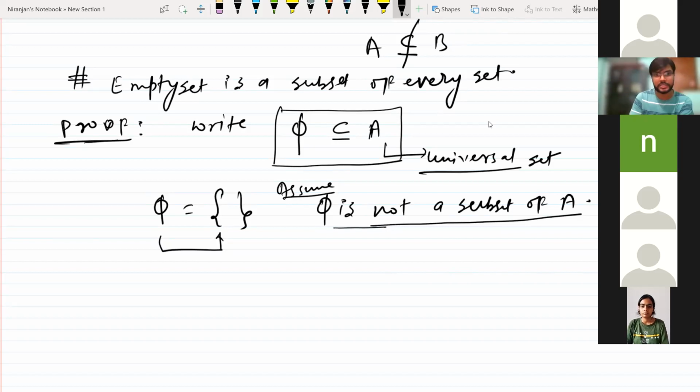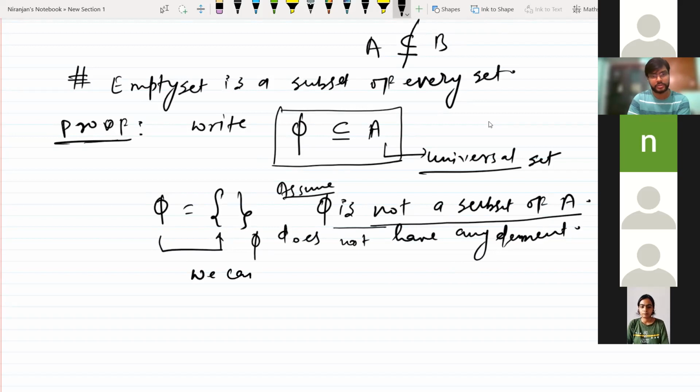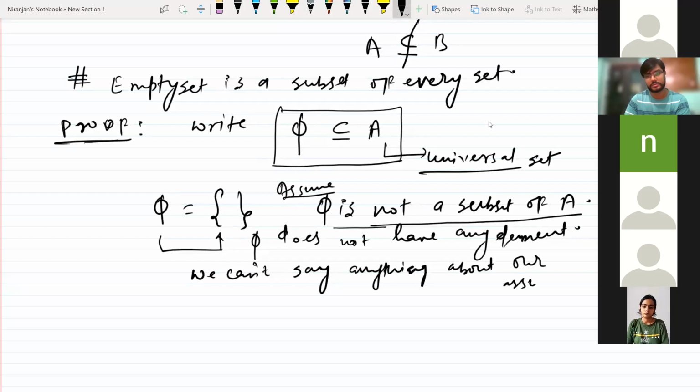Phi does not have any element, right? So we cannot say anything about our assumption.